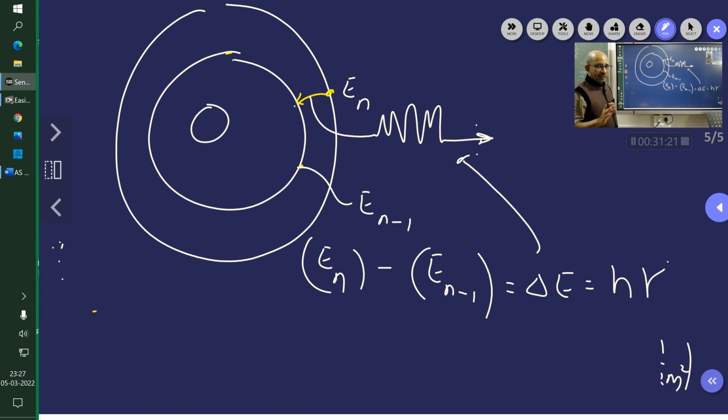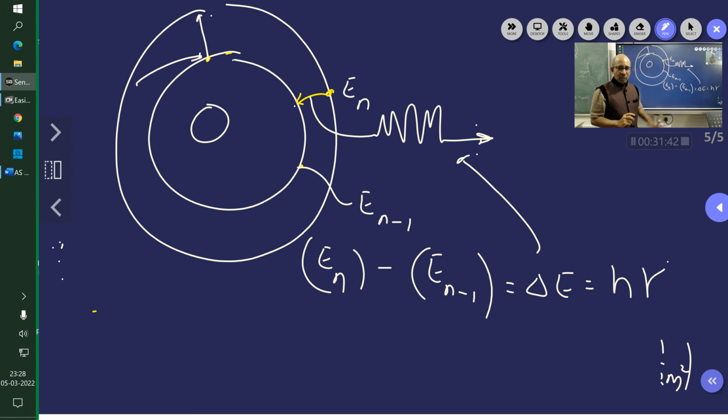At the same time, if you want to move the electron from lower energy level to higher energy level, then you have to give energy to this electron. The electron will absorb the energy and then move from lower energy level to higher energy level.